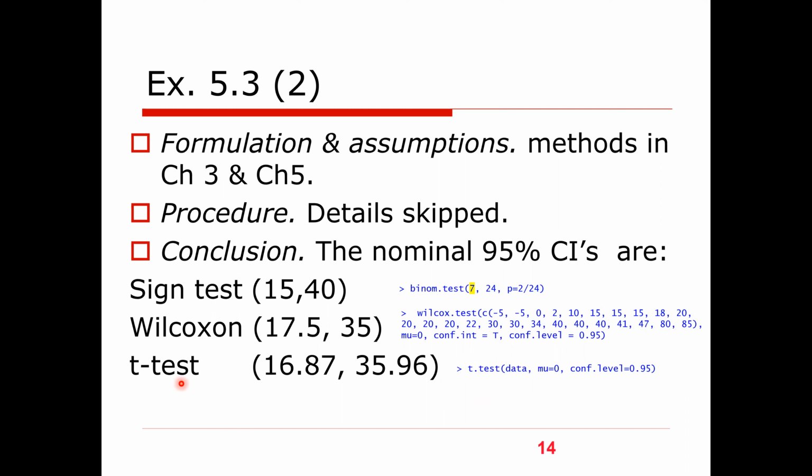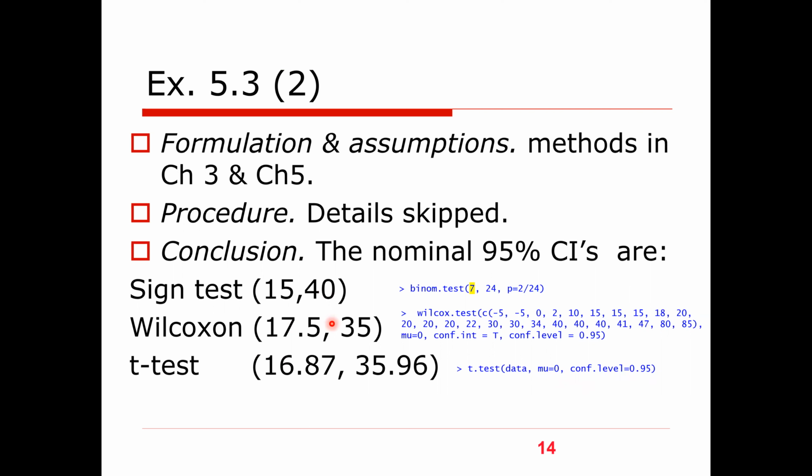And the t-test uses the t.test function, and we need to define data as this numeric vector, c parentheses, and then copy paste all the samples, the differences between the paired samples here. Then define mu as 0 and conf.level as 0.95.